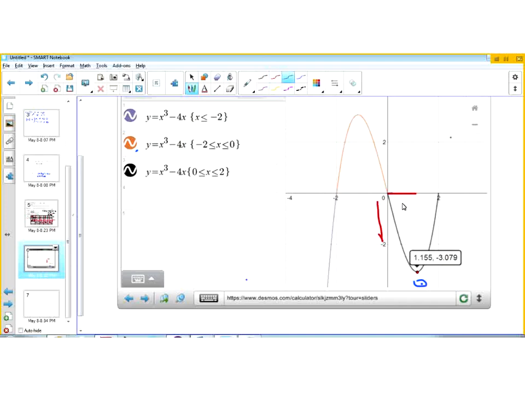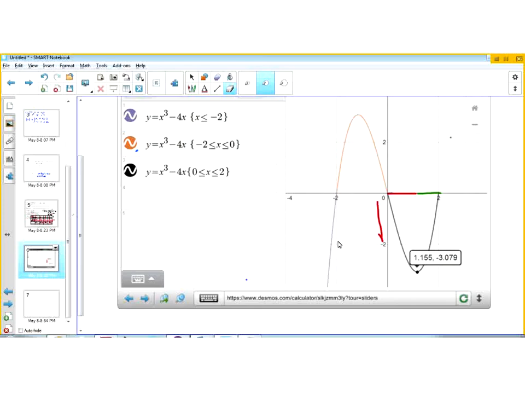Then when we get to this local minimum point, as x grows larger away from the local minimum, the outputs start getting larger and larger. In other words, the outputs go from negative 3.079 to 0. And so this is the signature, if you will, of the presence of a local minimum.